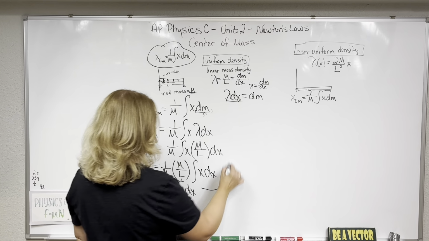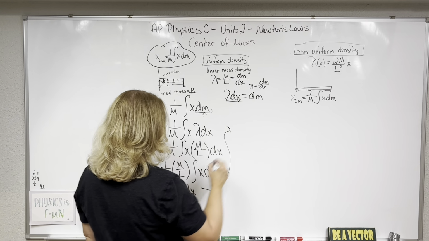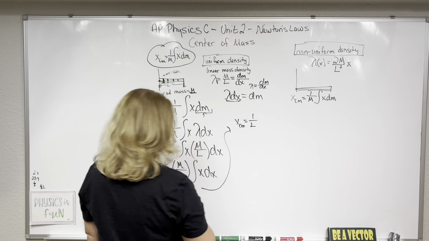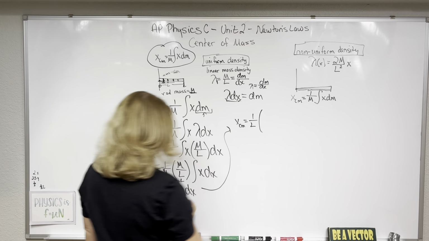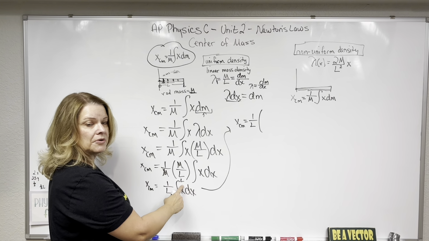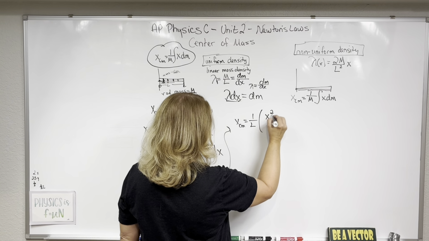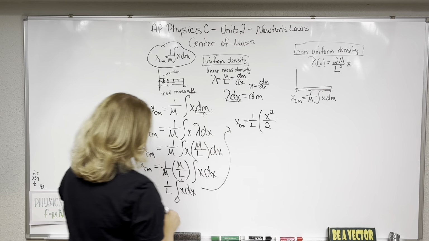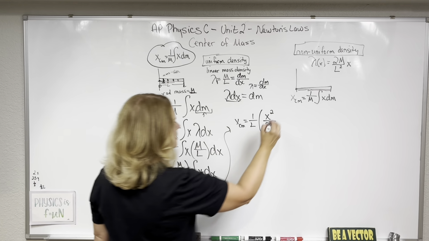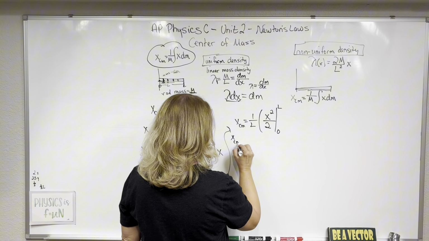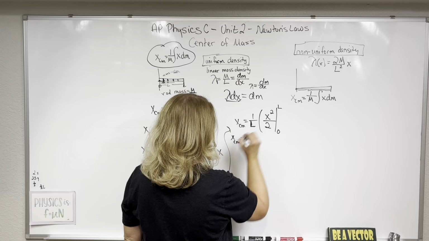I'm going to come up here. And I have that my center mass is equal to 1 over L. And then I'm going to take the integral of this. I'm going to raise that exponent by 1. That's 1 plus 1 is 2. Divide by that. So that's going to be x squared over 2, from L to 0. Now my center mass, that's an L by the way, not a 2.